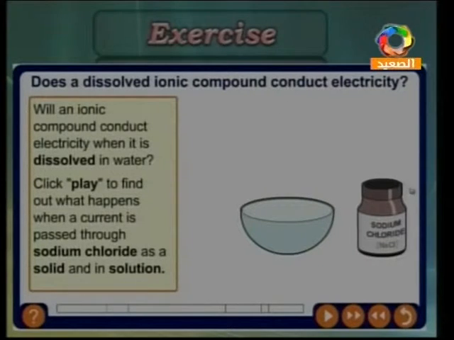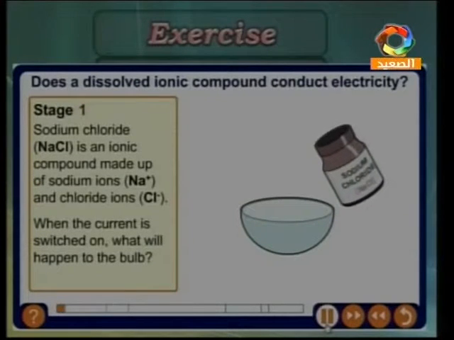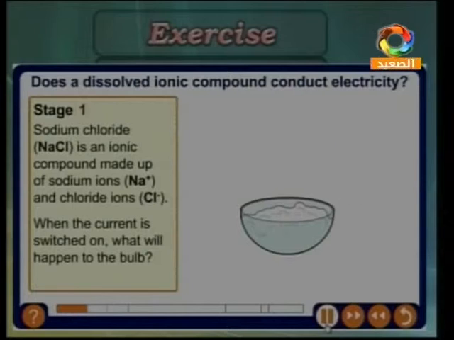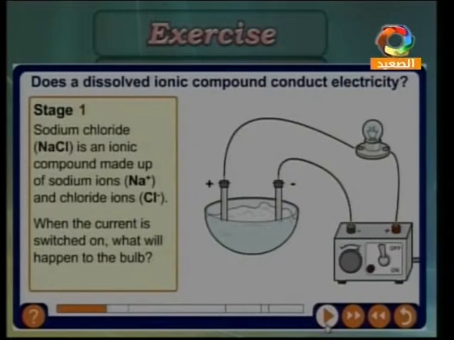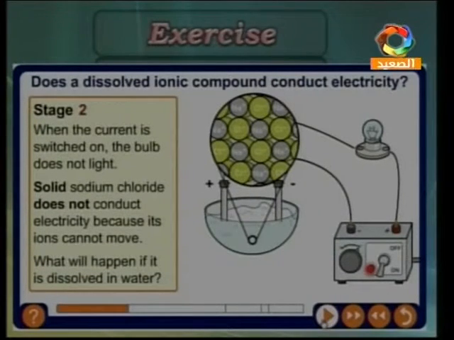Let's see. If I have sodium chloride, NaCl, in a container, and we put two poles, one positive and the other negative, connected to a battery or power supply and then to a lamp, what will happen if I turn on the battery? The ions don't move, so they don't conduct the electric energy.